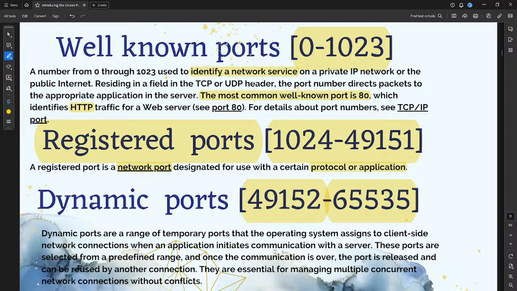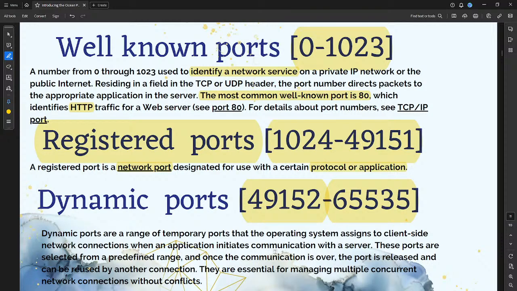You want a secure port, a secure vehicle. Your IP address has to go through that port, and then it's able to access a web server that is hosted on the internet. So that is how this happens.